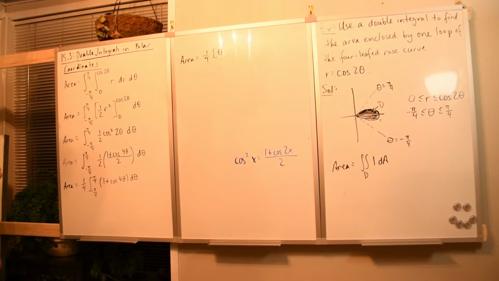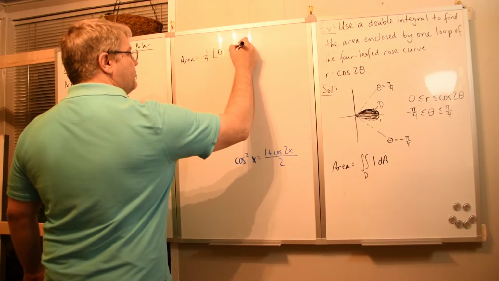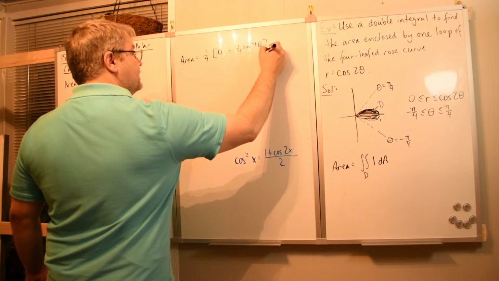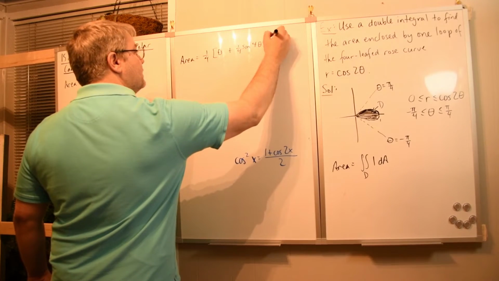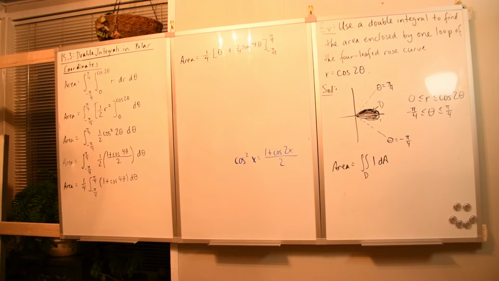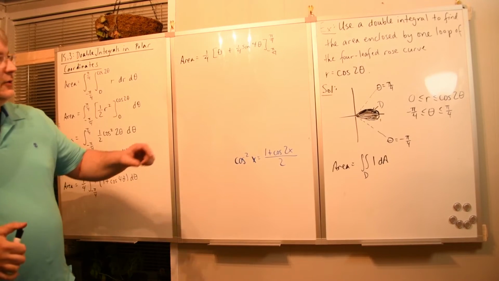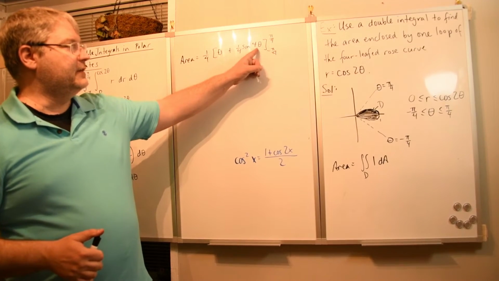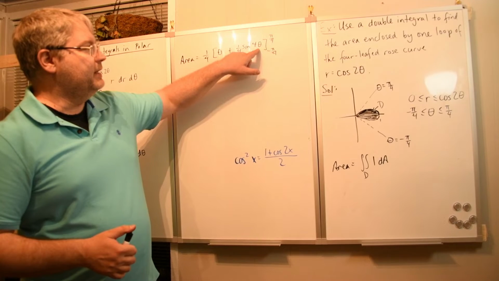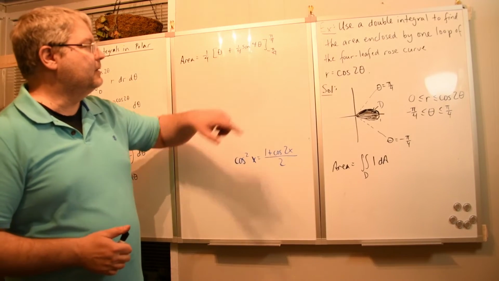Integrate the cosine of 4 theta, and you're going to get a 1/4 sine 4 theta. We're taking that from negative pi over 4 to positive pi over 4. Now, here's the really nice thing. If you plug in pi over 4 for theta here, you get sine of pi, which is 0. You plug in negative pi over 4 for theta, you get sine of negative pi, also 0.